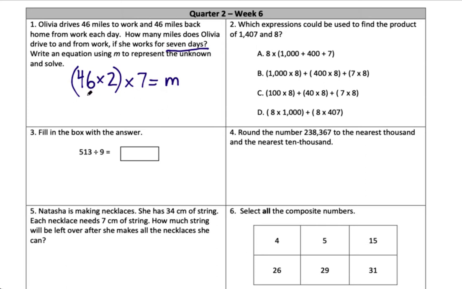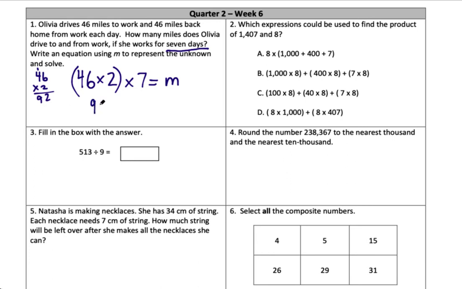All right, so this is a multi-step equation. We have to do this part first and then multiply by 7. So 46 times 2. So I'm just going to come over here and solve 46 times 2. And I'm going to use the standard algorithm of multiplication. And that's 92.